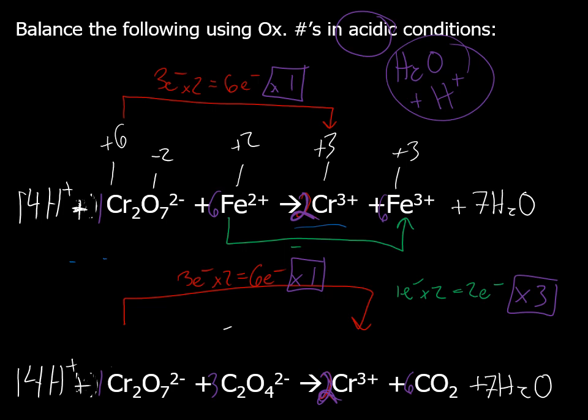Minus 2 is positive 12. Minus 6 is going to be positive 6, I believe. On the right hand side, the only thing I have with charges is going to be the chromium, and there's 2 of them. So the charge total on the right hand side is positive 6, left hand side. So my check works out. The atoms balance, the charges balance. I've got my balanced redox equation.